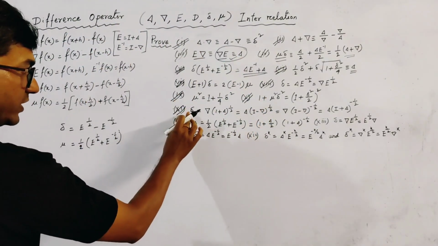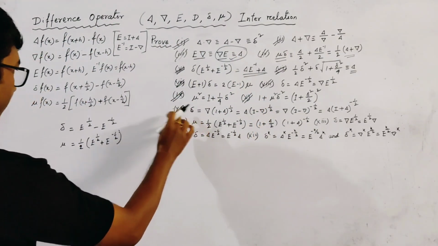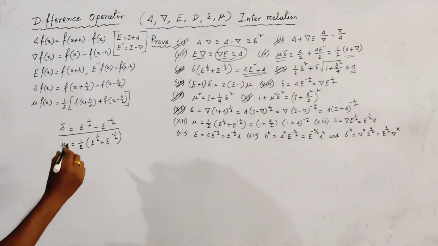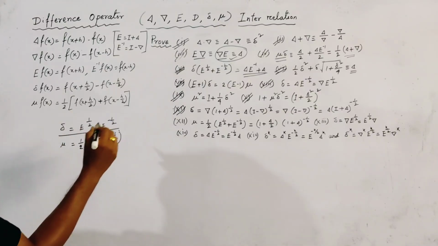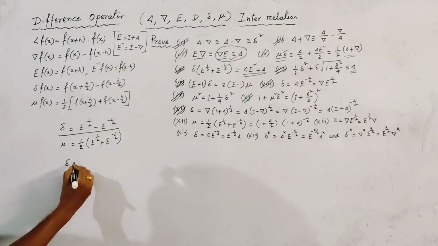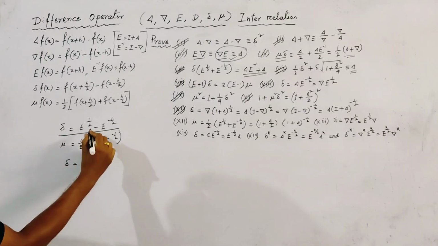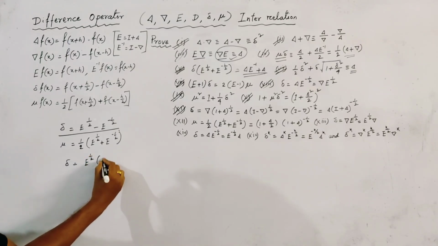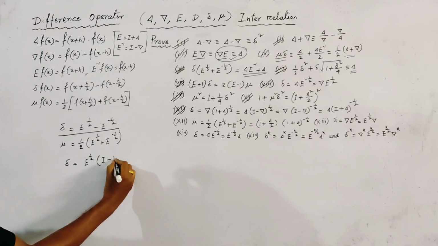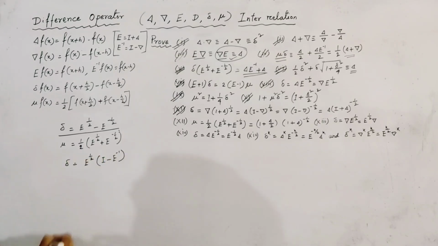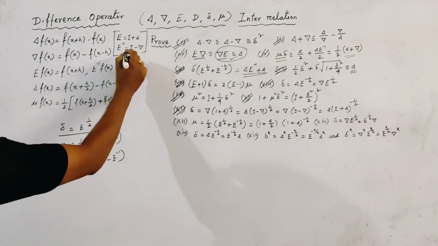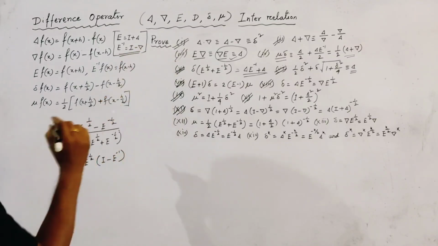For relation 11, we first write the definition of delta, which is already written here, and take common e to the power half from this relation. So delta is equal to e to the power half into I minus e to the power minus 1. And I minus e to the power minus 1, clearly from this relation, is equal to nabla.